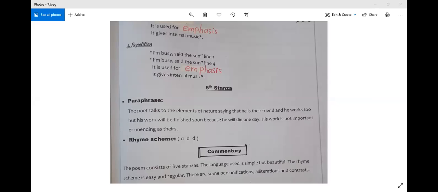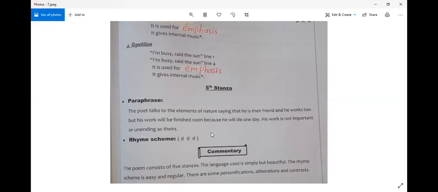Thank you. So let's move, Omar, to the paraphrase of stanza number 5. Can you go ahead, please, and read it? The poet talks to the elements of nature, saying that he is their friend and he works too, but his work will be finished soon because he will die one day.